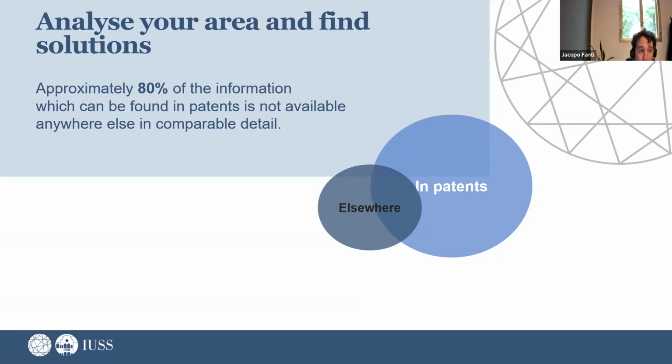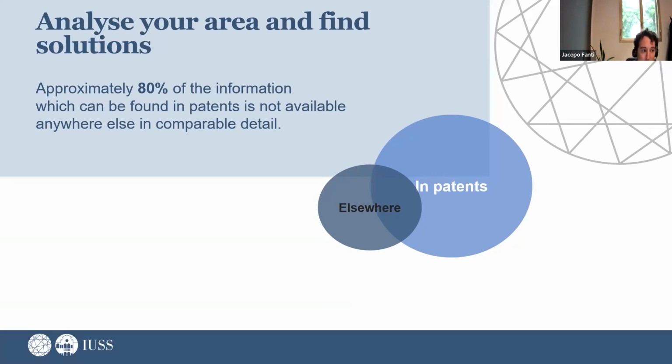And in some technical fields, approximately 80% of the information that can be found in patents is not available anywhere else. So even though you investigate the scientific side of a technological field, you are potentially missing 80% of the information in case you do not launch some patent searches.